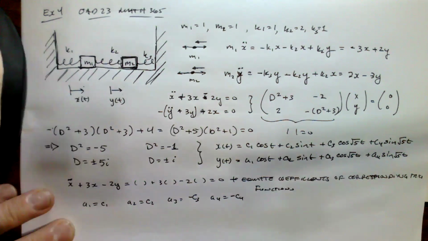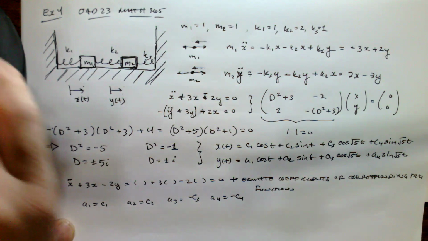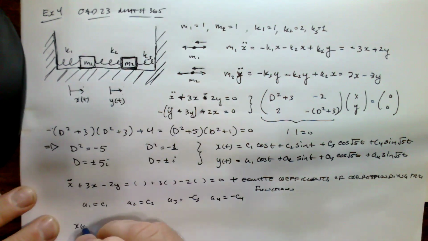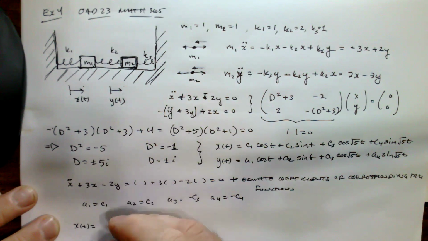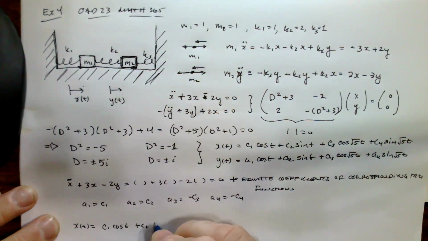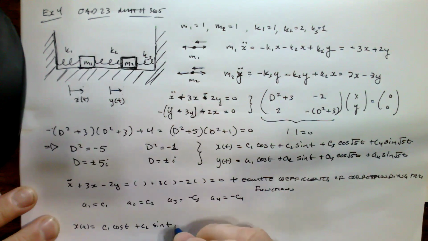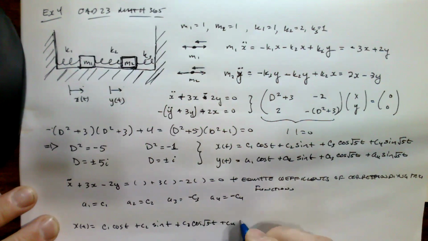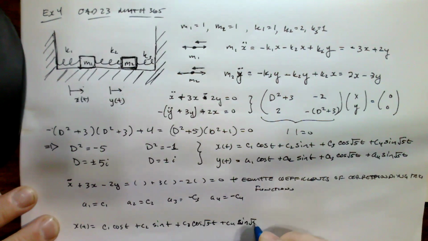Okay, and then we can rewrite this system as the following. So x of t becomes C1 cosine t plus C2 sine t plus C3 cosine square root of 5t plus C4 sine square root of 5t.